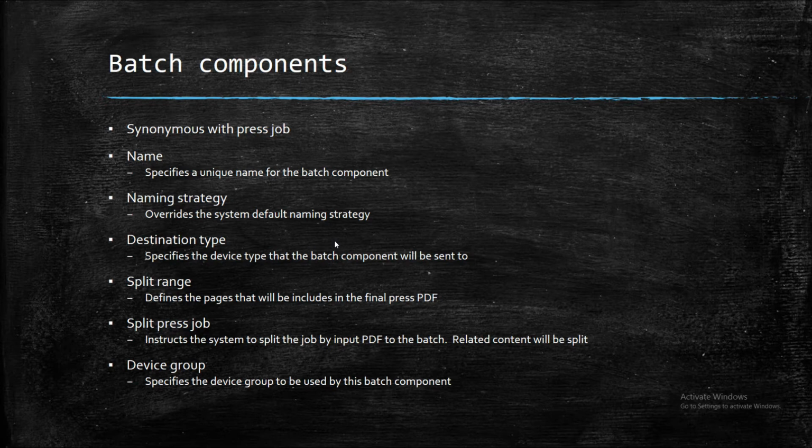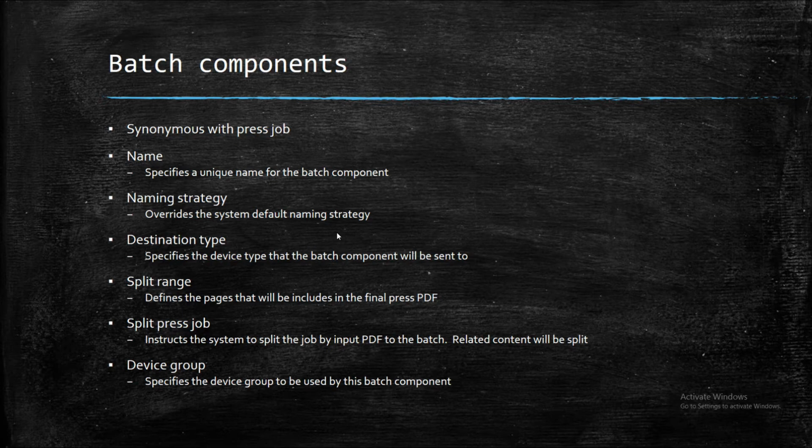The attributes that you're going to see associated with batch components are name, which specifies a unique name for the batch component, and naming strategy, which provides a way to override the system default naming strategy. You have destination type, which specifies the device type that the batch component will be sent to. A device type is one of the various implementations that we have built into the Infinity software.